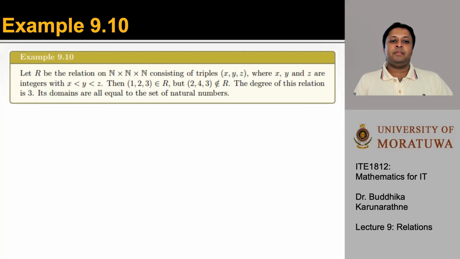Then (1, 2, 3) are related, but (2, 4, 3) is not in R. So the degree of this relation is 3. Its domains are all equal to the set of natural numbers. So this is how you go about looking at n-ary relations.